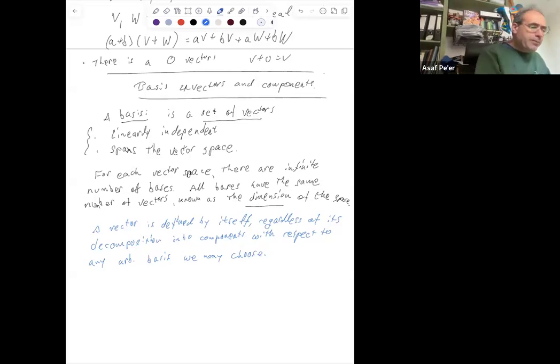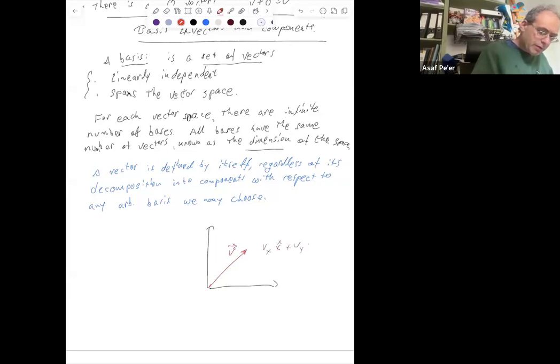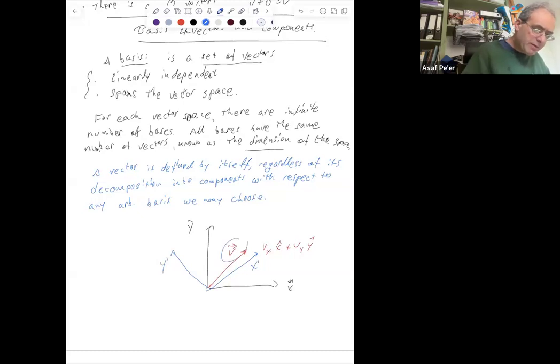Simply, the basis vectors are helping us, right? So let's say we have a vector here. Call it V. Let's say it's Vx in the x direction plus Vy in the y direction. These are the components of the vector. But in a different basis, x prime, y prime, it's the same vector V. It's not changed.